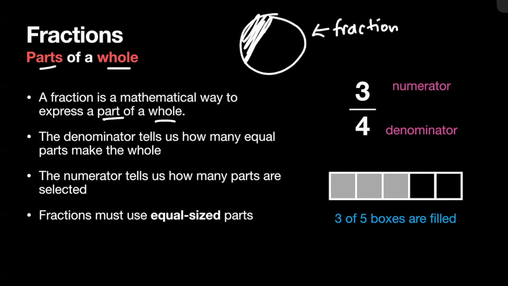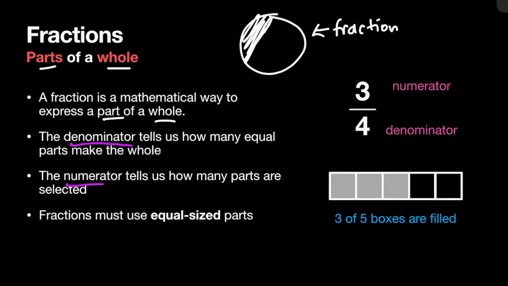So there's two parts to the fraction. You have the numerator and you have the denominator. So the denominator tells us how many equal parts make the whole. And the numerator tells us how many parts we have selected. So how many parts out of the whole do we have?